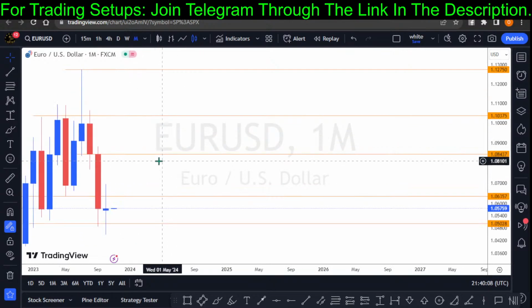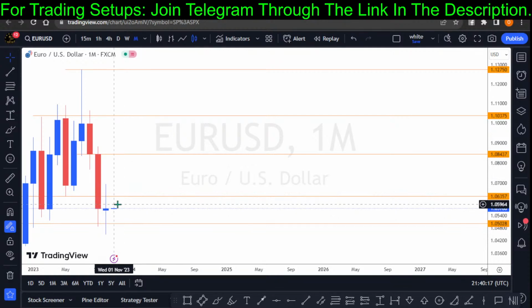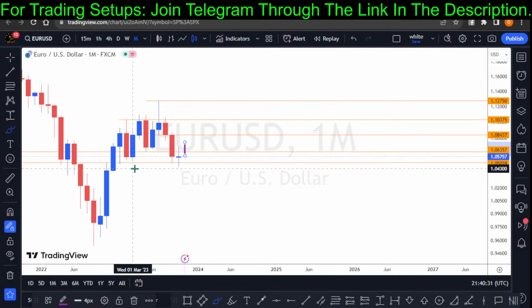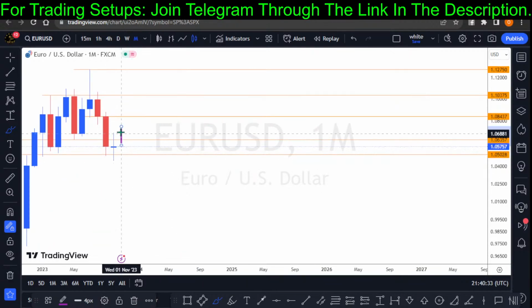Whenever there's a doji candlestick at a powerful key level structure, it is a signal that the other side has a higher potential to come in to exercise their interest. Since we have the month of September as a bearish candlestick and the month of October as a doji candlestick, then technically there is a higher chance the bulls are going to come in to exercise their position right here. So the month of November could result in a bullish candlestick.